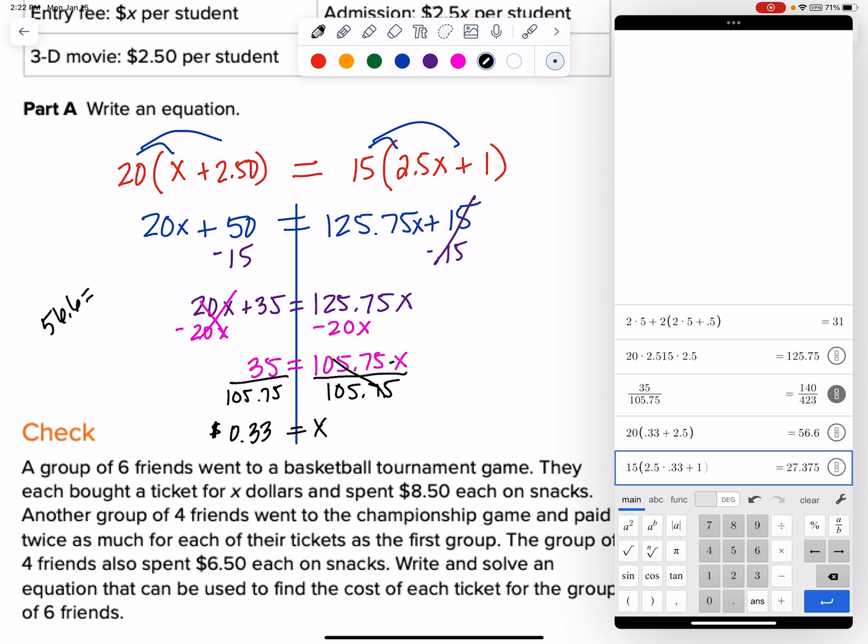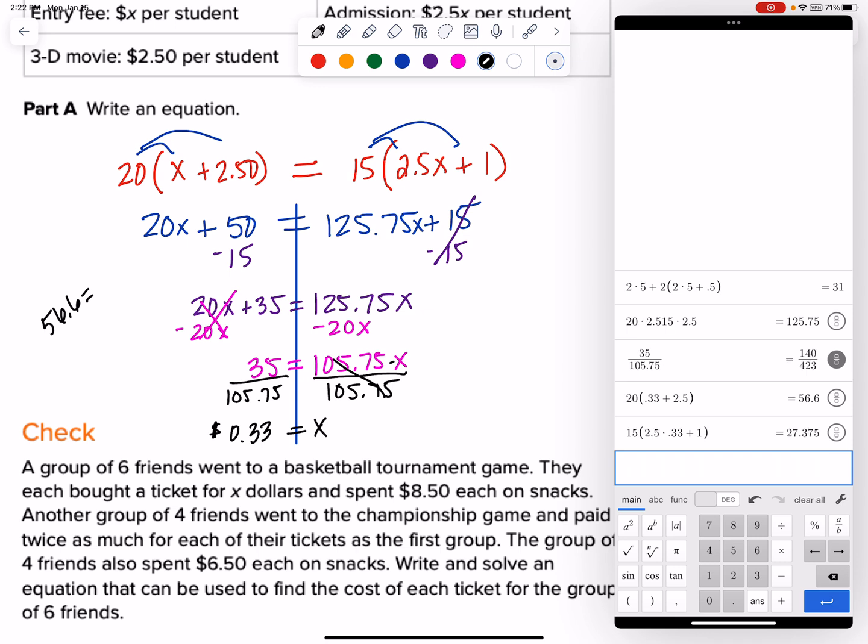Plus 1 is 27.375, so it doesn't match. So something's not quite right, and we got to figure out what.